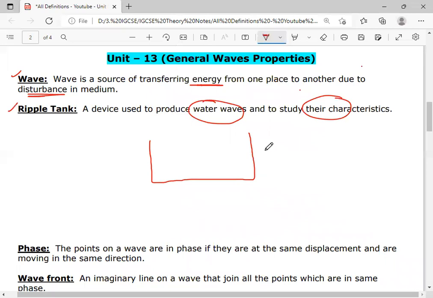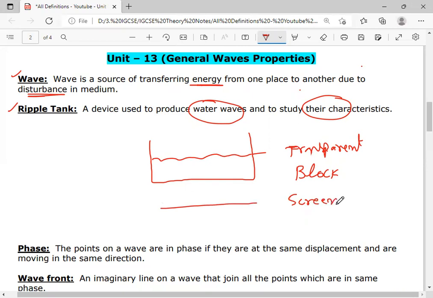So this is the transparent block or tray, you can say. It is filled with water. Here you have placed the screen. Here is the motor.